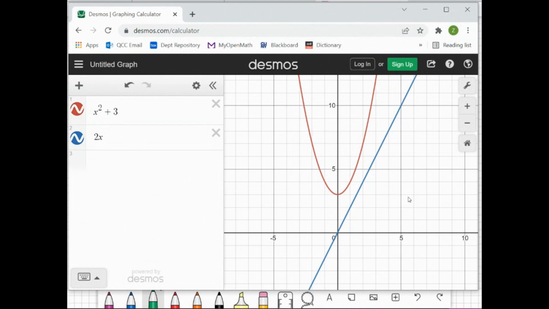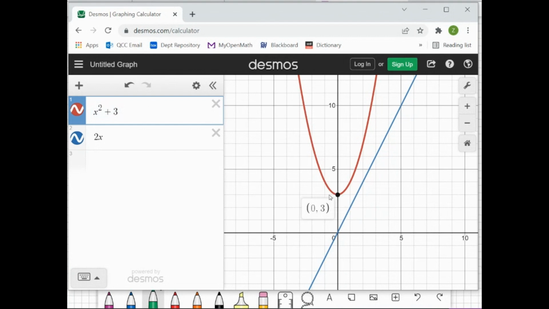Okay, so the red function is the parabola. You see the graph is a parabola, and the formula for this function is x squared plus 3. So what do we see? Is this function increasing or decreasing for negative x values?